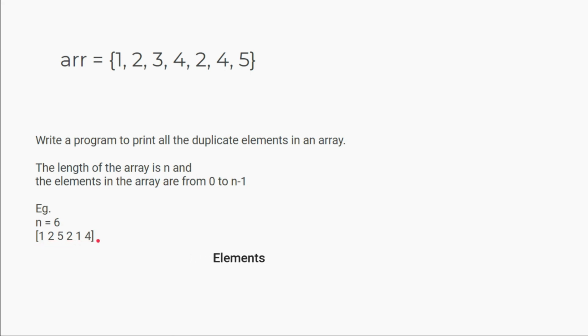So it can be 1 2 5 2 1 4 and it can't be 1 5 6 4 3 2 1, something like that. So note this point, length of the array is n and the elements in the array are from 0 to n minus 1. Okay, this is a strict rule.